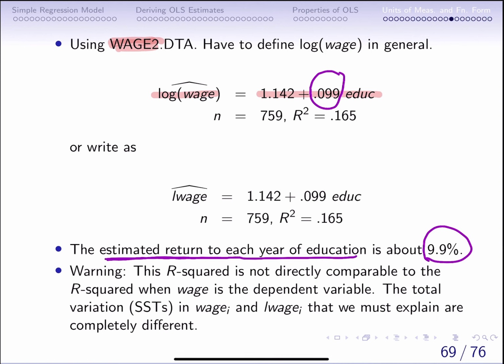And we also capture R squared here, which is 16.5%. Now the R squared from this equation and the equation where wages were not in logs are not comparable. So you don't want to confuse that, because we're trying to explain the variation in log wages here, but earlier we were explaining the variation in wages using education.